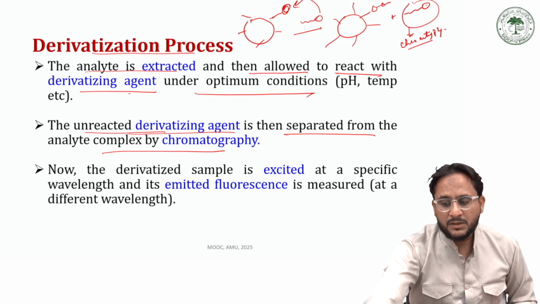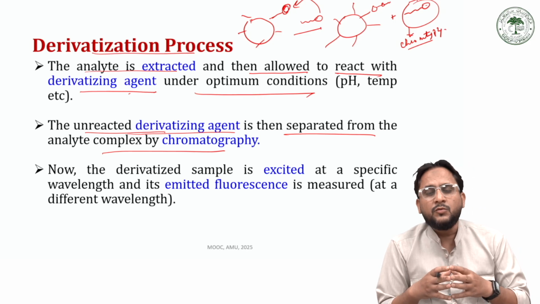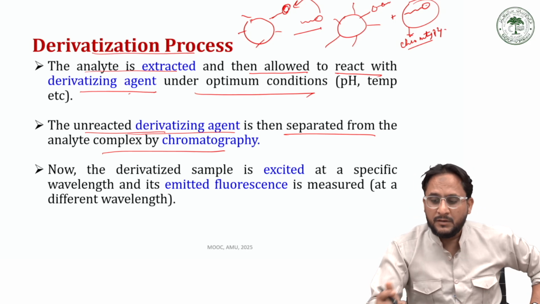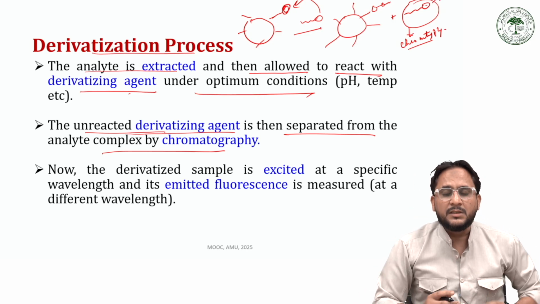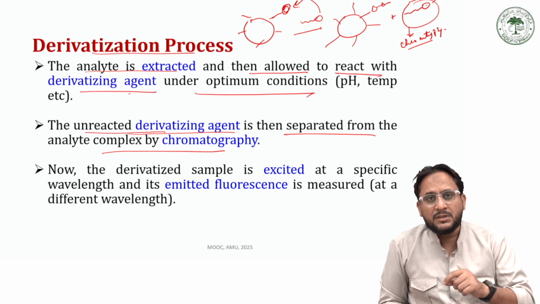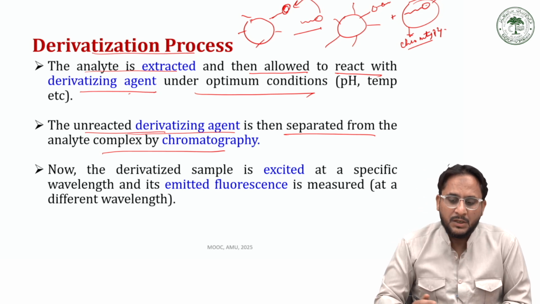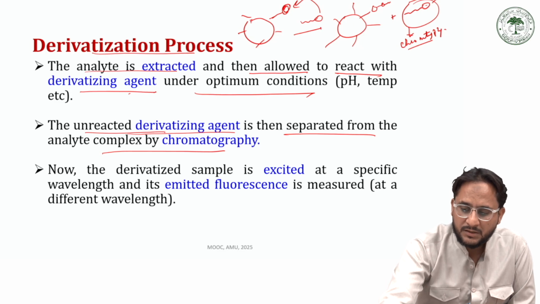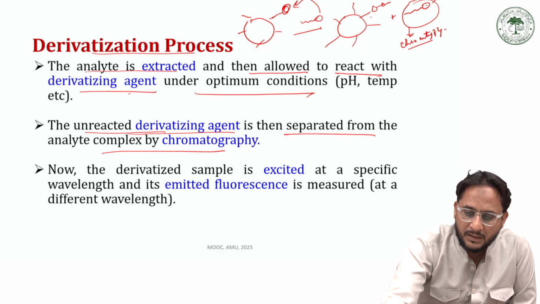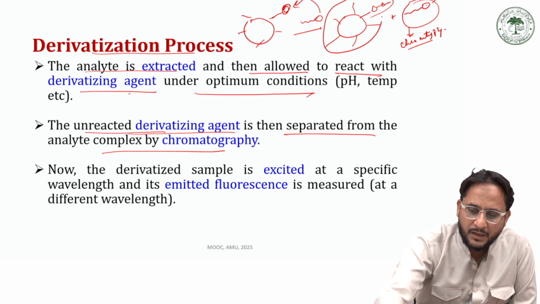In this way the free agent is removed, so that we do not have the derivatizing agent in free form in the sample. If it is present in free form, it will create its own spectrum upon absorption of light radiation. We only want the derivatization agent to be present in the form of a complex with our analyte.